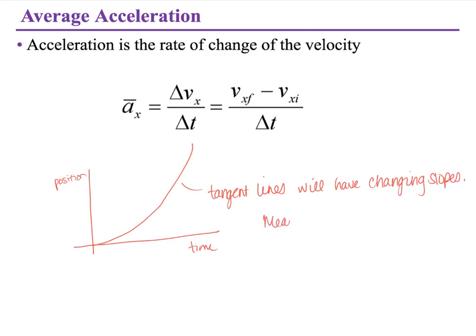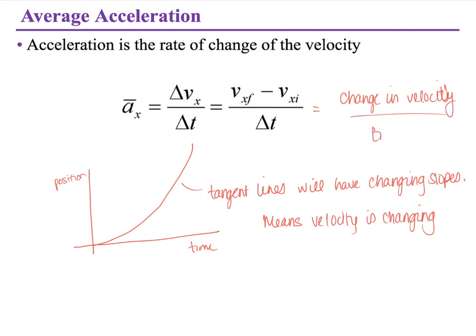This means that the velocity is changing. And in those cases, what we want to define is the average acceleration, which is the change in velocity over the change in time.